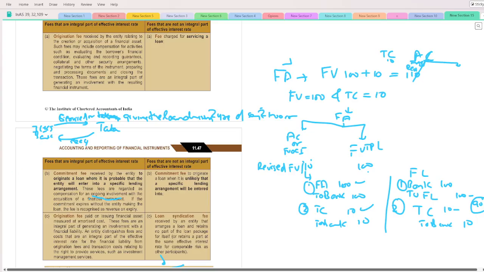So if the commitment expires without the entity making the loan, the fee is recognized as revenue on the expiry. Correct? But if it is probable, then it will not recognize it as an income till the end of the 2 years.